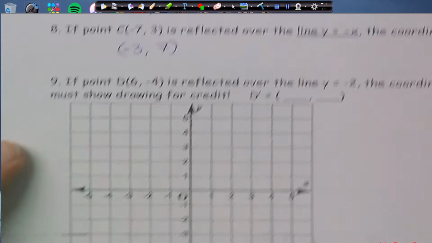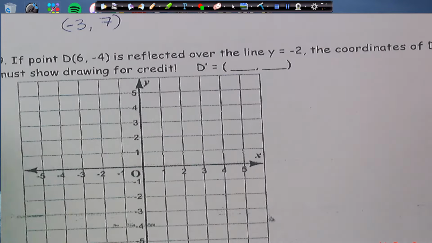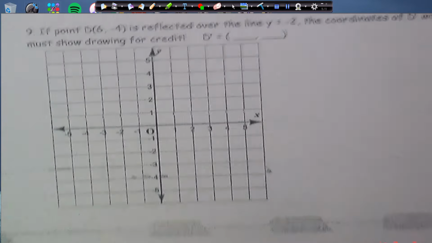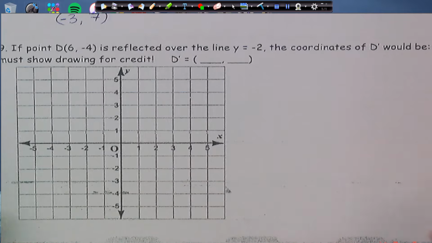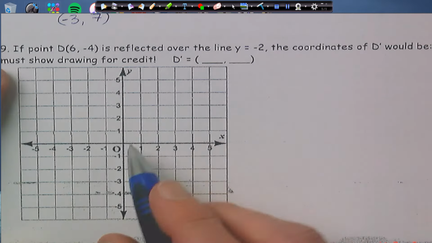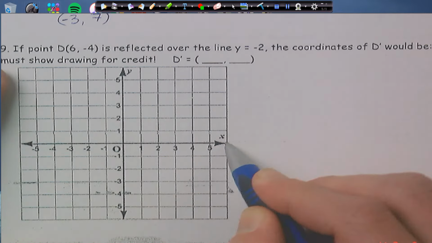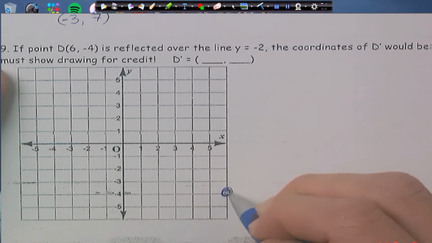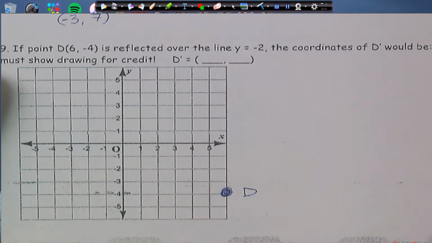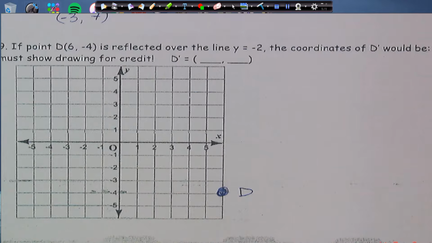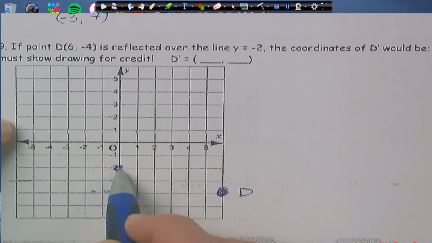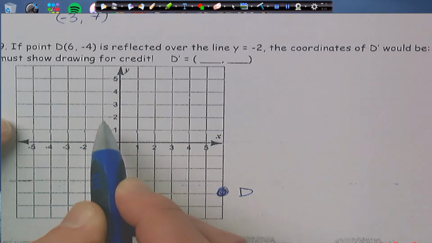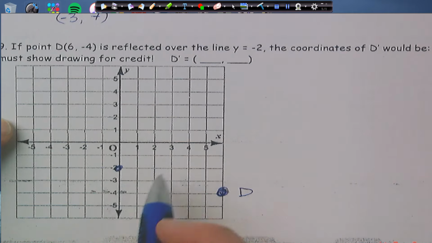Alright, let's go ahead and look at this question here. Let me just adjust the screen just a bit. Okay, so D is at 6, negative 4, so we're going to go 6 on the x, and then negative 4, so we're right here. Here is point D. And it's going to be reflected over the y equals negative 2 line. So to find this, we're going to go to the y-axis, find negative 2 right here. If I drew a vertical line, that would be the y-axis, and y equals negative 2 is not the y-axis.